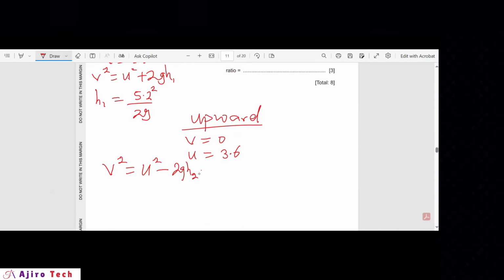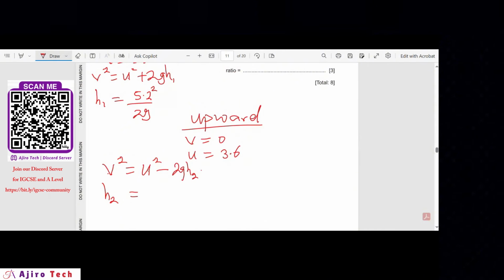That's h2. So h2 will give us 3.6 squared over 2g.